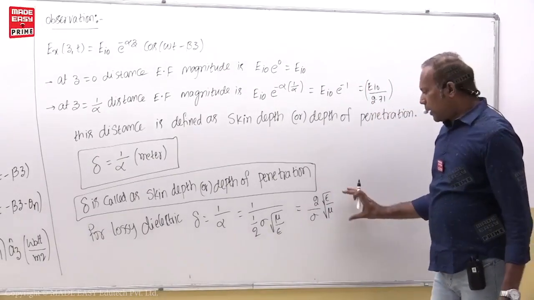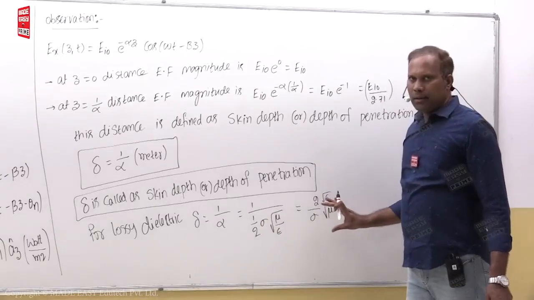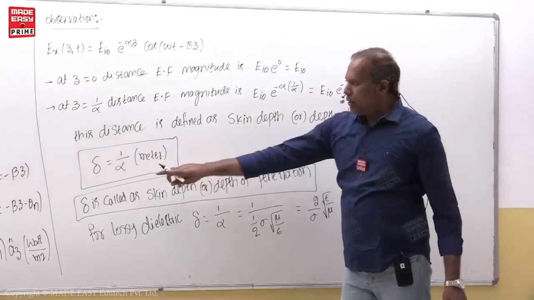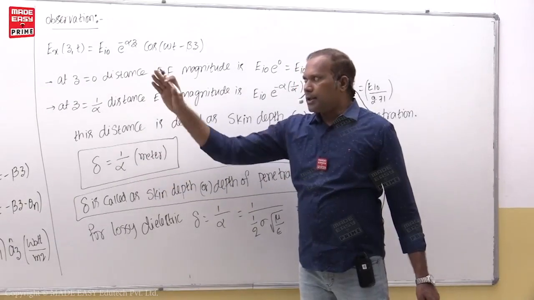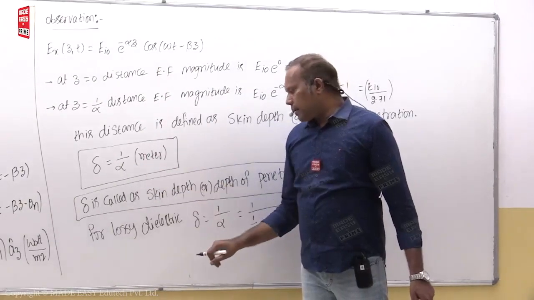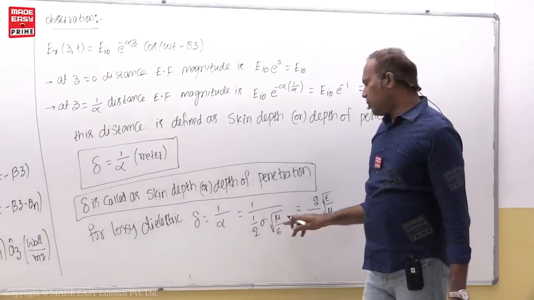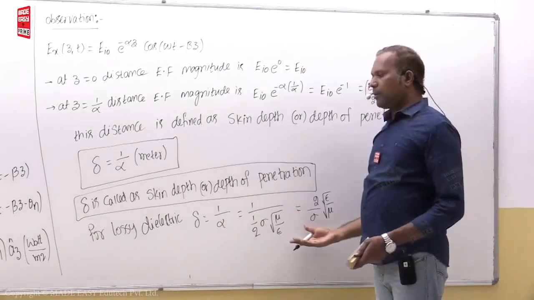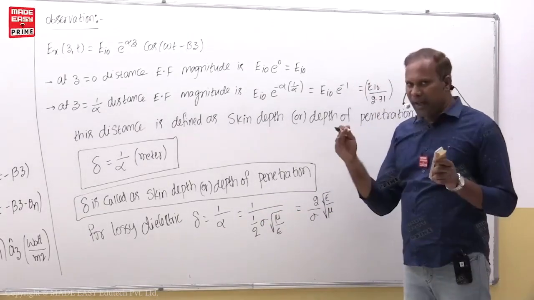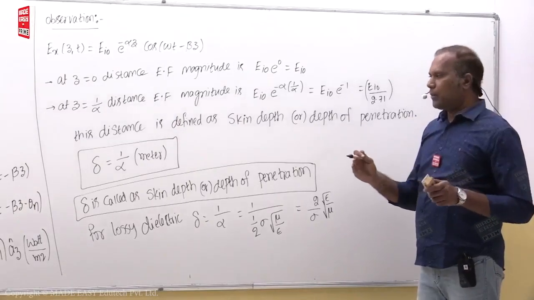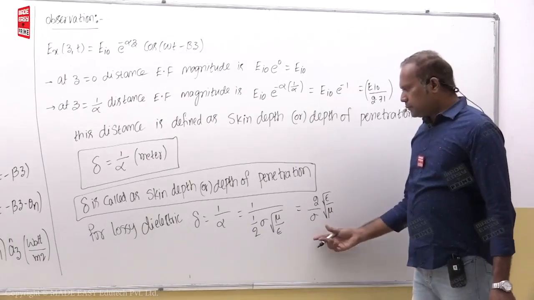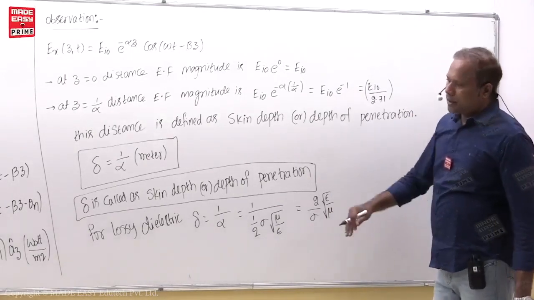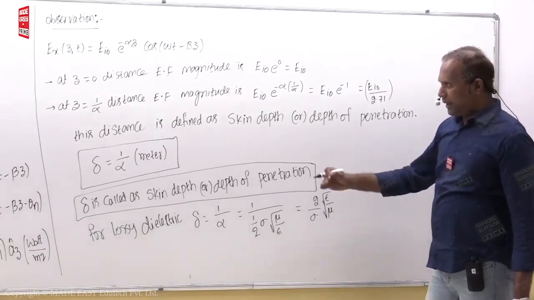Once again, I am not putting this in the box, because you know delta is 1 by alpha, and I told you for lossy dielectric alpha is half sigma root mu by epsilon. Again, no need to remember this one. So you have to minimize the formulas which you have to remember. Then you will be comfortable, dear students. So this is the equation. Now we are going to discuss one more thing here.